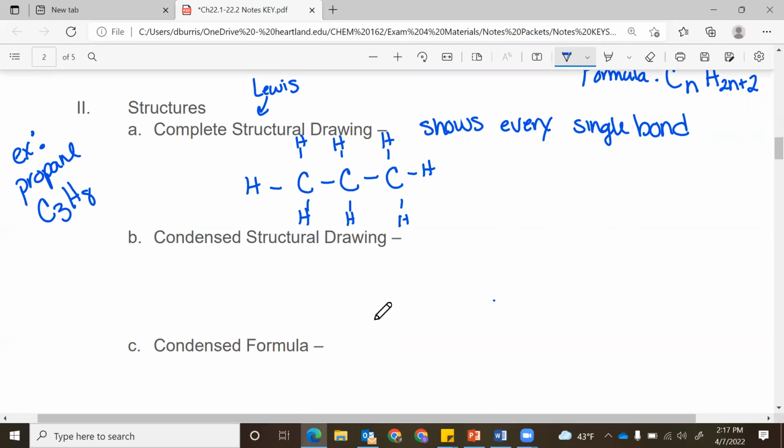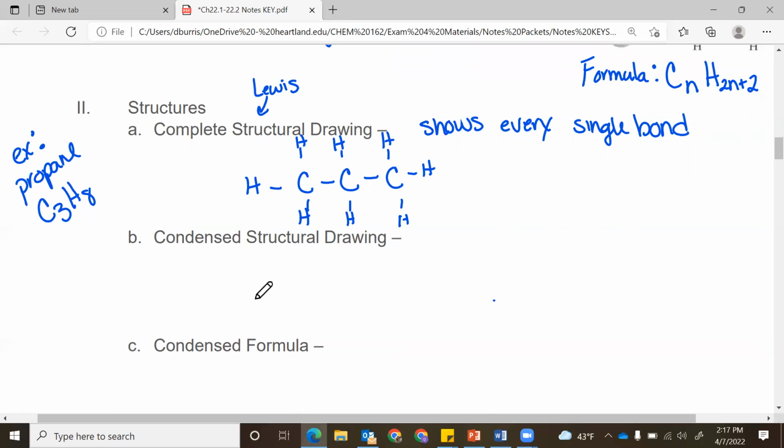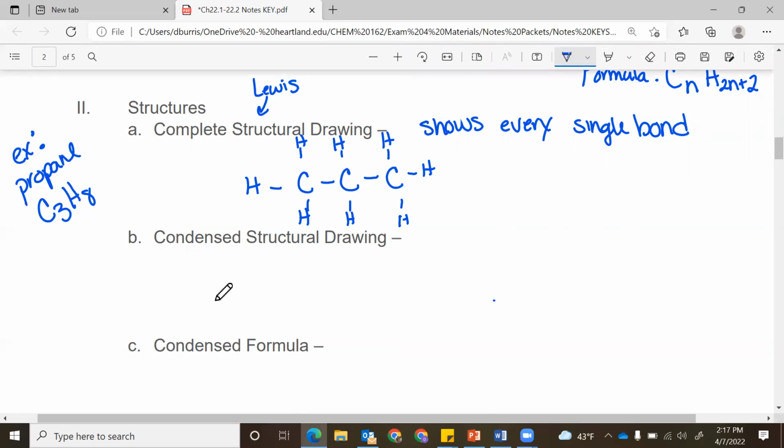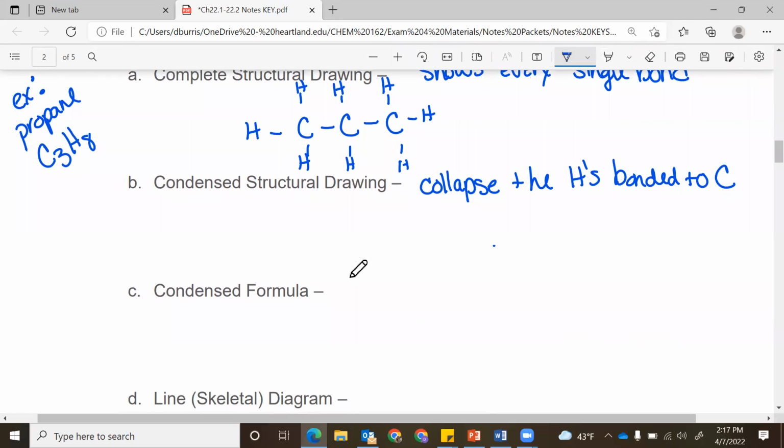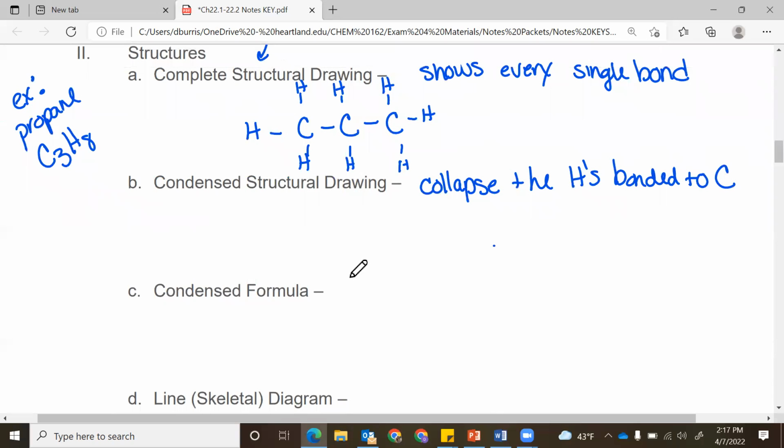A lot of the times we like to condense them so that you don't have to draw out the whole thing, and we actually use condensed structural drawings a lot more. This is when you collapse the hydrogens that are bonded to carbons. Instead of drawing out all the hydrogens on the outside, I would just say this is CH3 bonded to CH2 bonded to CH3.